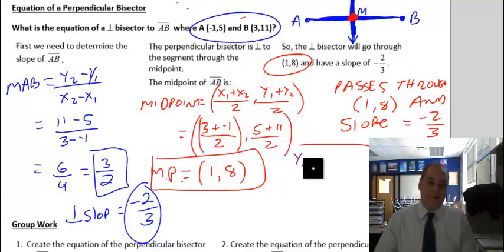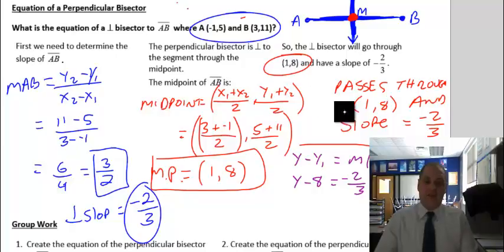I'm sorry, that's not the point-slope yet. It's y minus y1 equals m times x minus x1. So y stays there, minus the y, which is 8, equals the slope, negative 2/3, times x minus x1, x minus 1. So there is my answer in point-slope form.